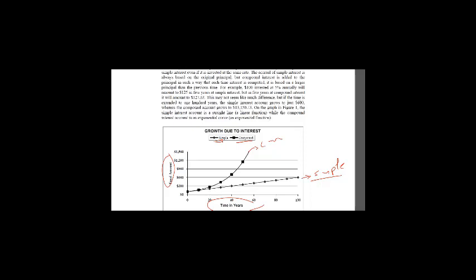Returning to our book, you will find from this figure that the difference or deviation between the fund amount under simple interest and compound interest will increase and increase as time increases. Here, the horizontal axis reflects time.